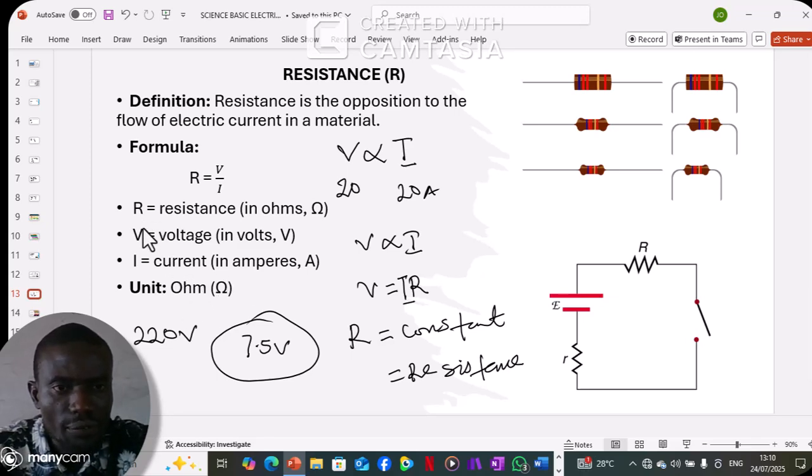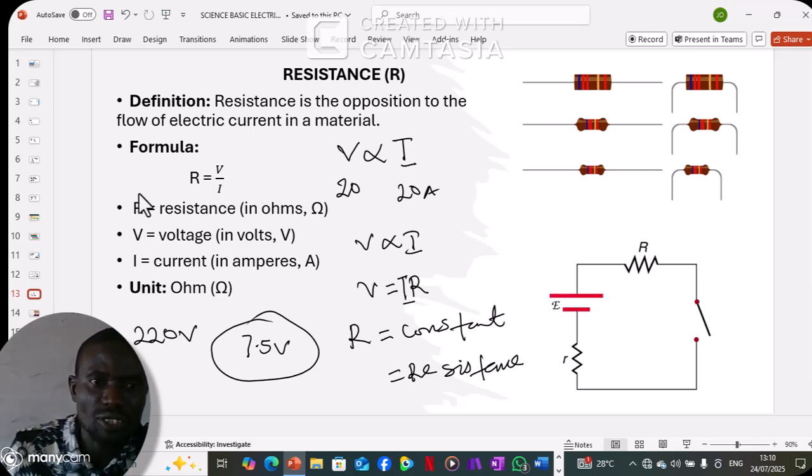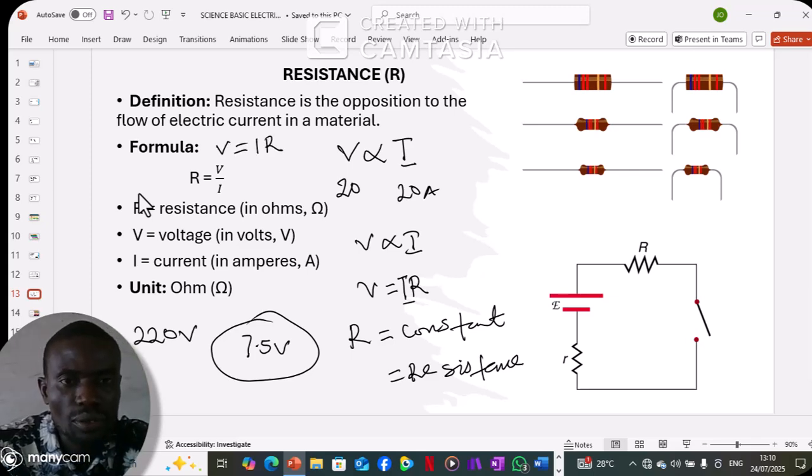We have V in volts, I as current, and R in ohms. Please take note of this formula: R equals V over I. Or when we make V the subject of the formula, V equals IR. So you make use of that formula.